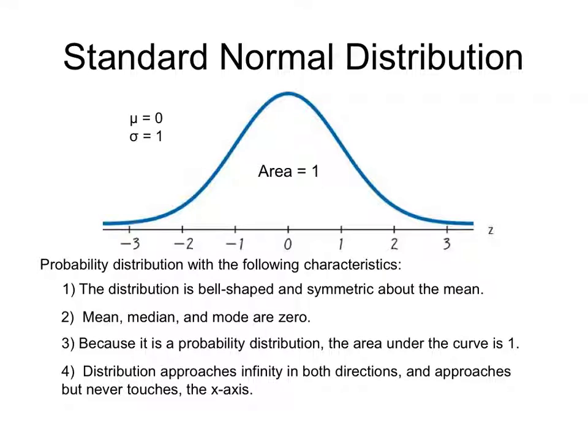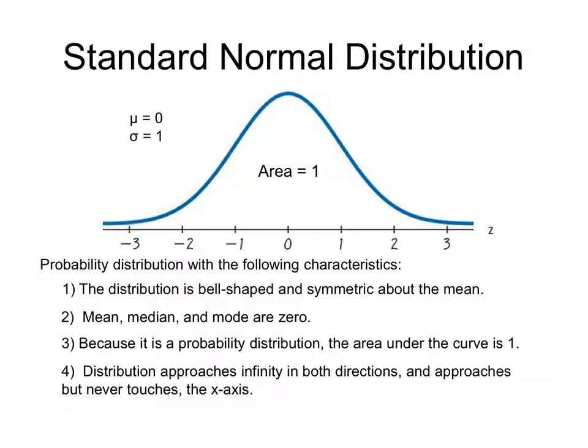Standard normal distribution has 4 different characteristics that you need to be familiar with. First of all, a standard normal distribution and a normal distribution are going to be probability distributions. So we're still talking about probability here.